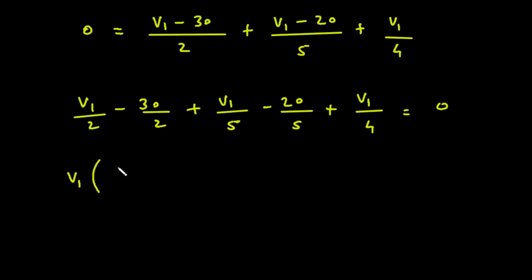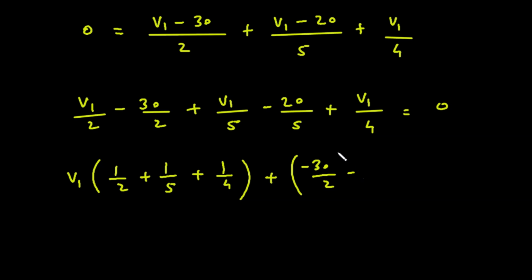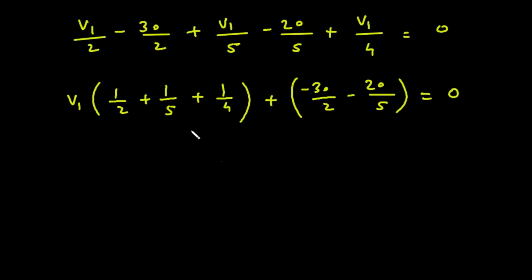So V1 in bracket 1 by 2, then plus 1 by 5, then plus 1 by 4. Then plus minus 30 by 2 and then minus 20 by 5. So these are the two constant terms, and it is equal to 0.